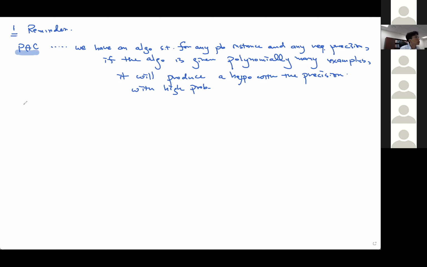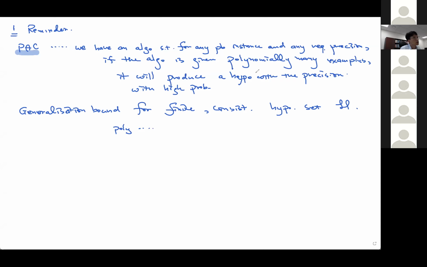And to talk about this, we learned about the generalization bound, or sample complexity bound, for a finite and consistent hypothesis set H. Roughly speaking, the polynomial required there is not actually a polynomial.